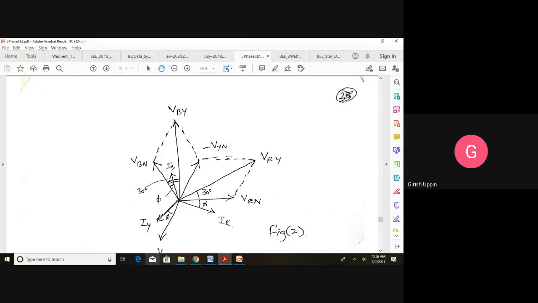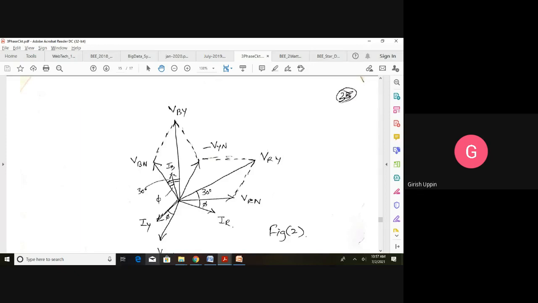Now I have VBY here, and where is the current IB? You can see this current is IB here, and we know the angle between VBN and VBY is 30 degrees, marked here. The angle between VBN and IB is 5 degrees because IB lags VBN by an angle 5.